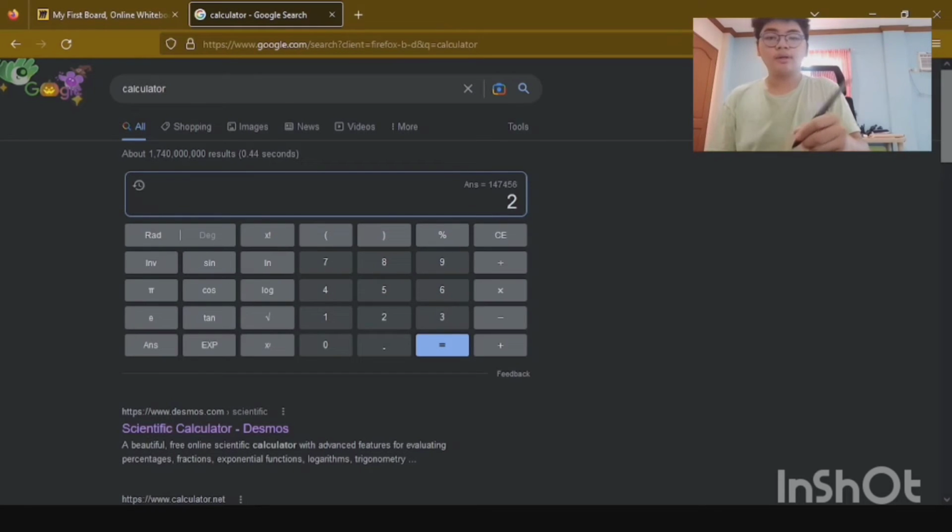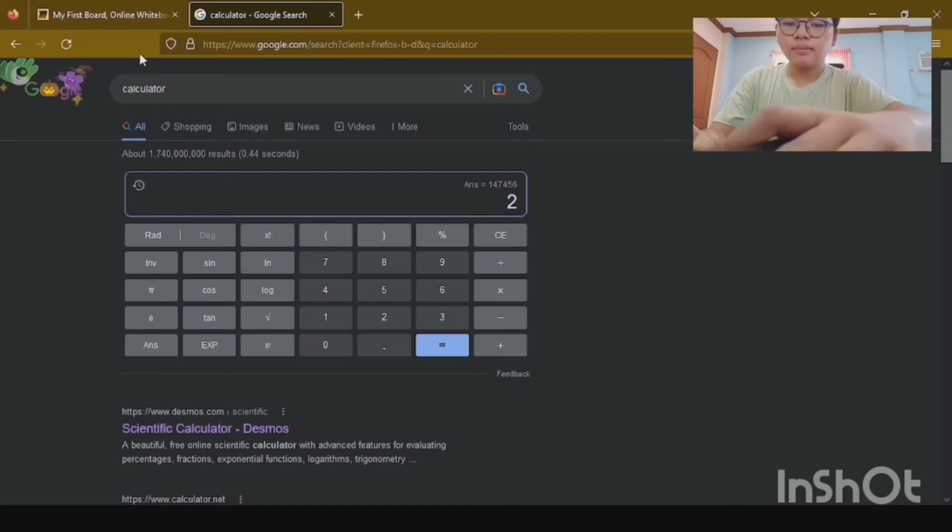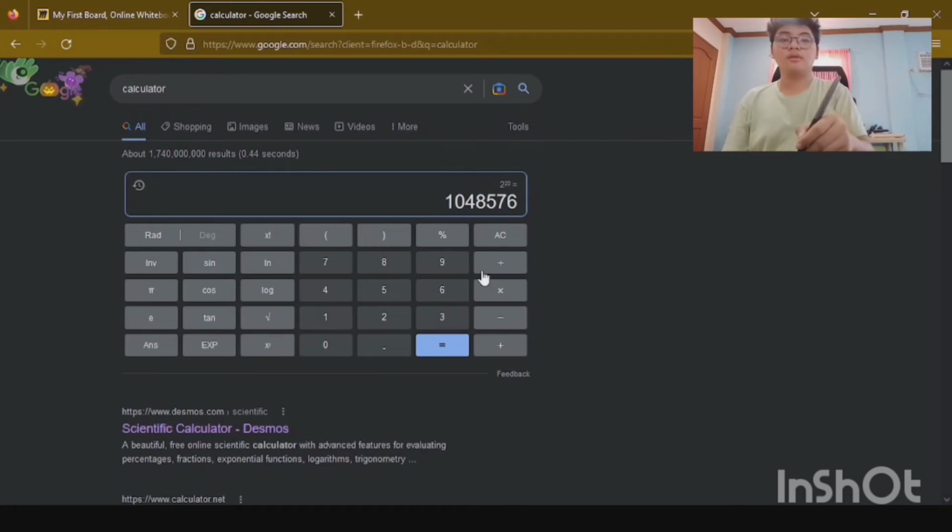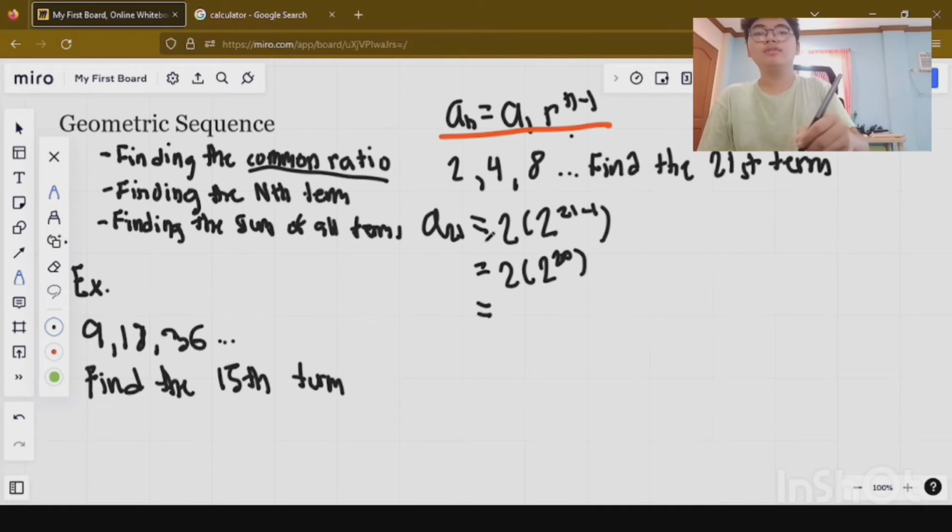Let's check here with our calculator. 2 raised to the power of 20 is 1,048,576.